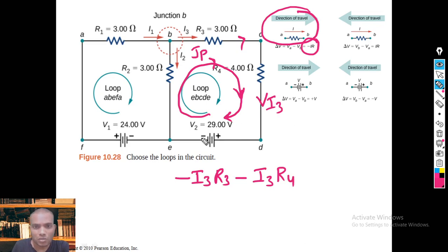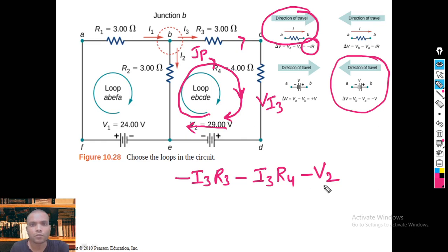Now when it comes to the cell, I need to cross the cell from positive to negative. When we cross the cell from positive to negative, we take the cell value as negative, so I represent that as minus V2.